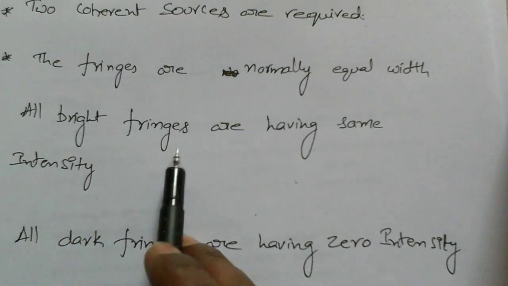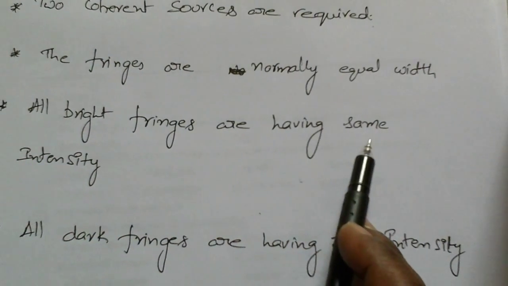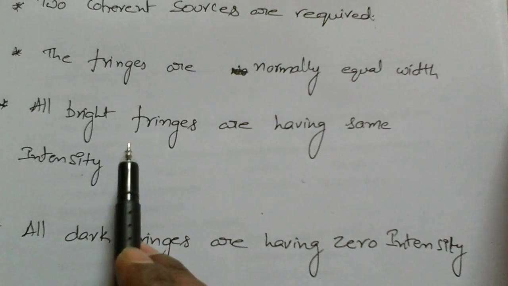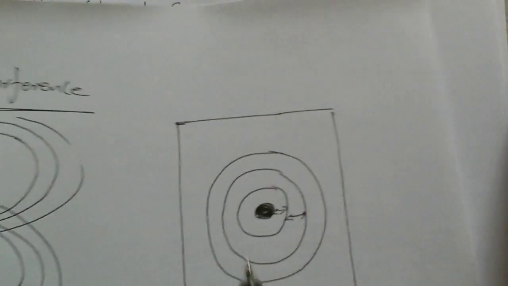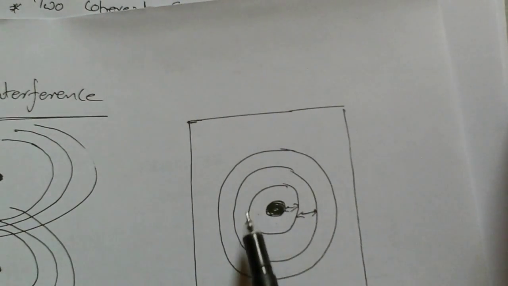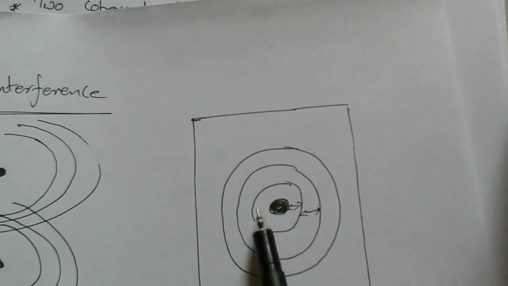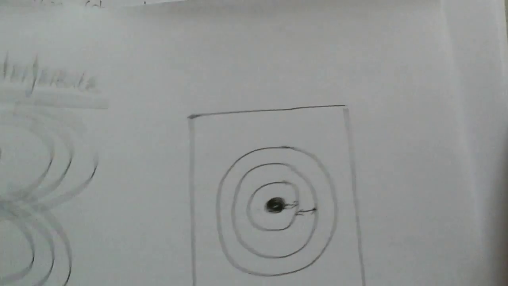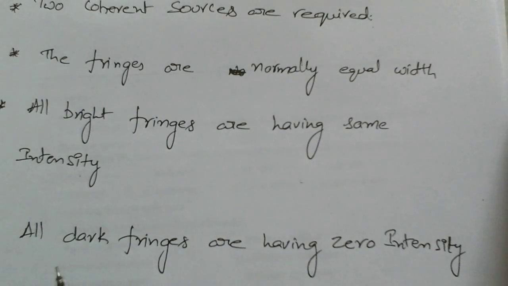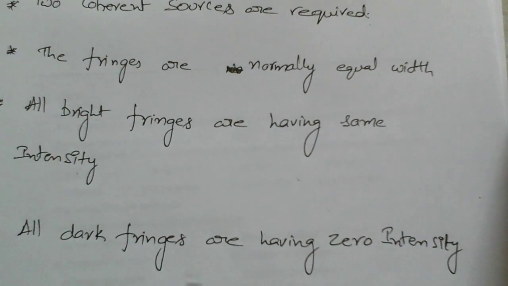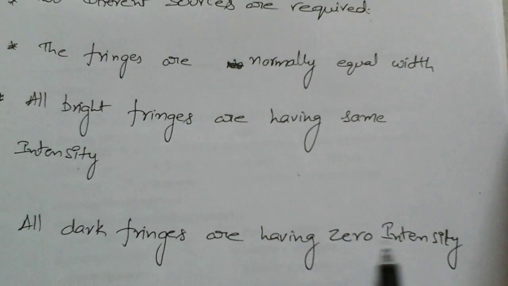All bright fringes are having the same intensity. You can see this bright fringe, this bright fringe, this bright fringe, all are having the same intensity. Next, all dark fringes are having zero intensity.